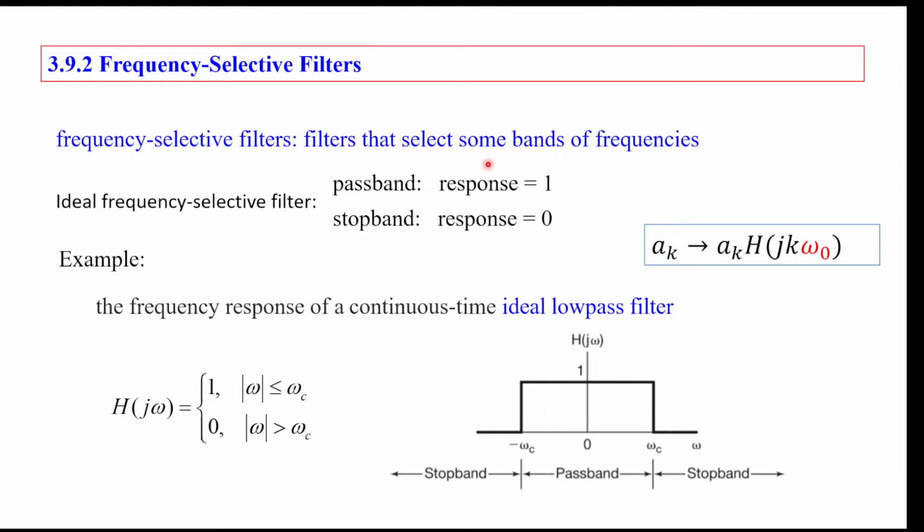So a filter is a little LTI system that has your H of jω look like this. Usually it doesn't have any complex value, it's just real H of jω, and it will look kind of like a square wave. And so some of it will be 1 and some of it will be 0. And then this 1 region is called pass band, and the 0 region is called stop band. Okay?